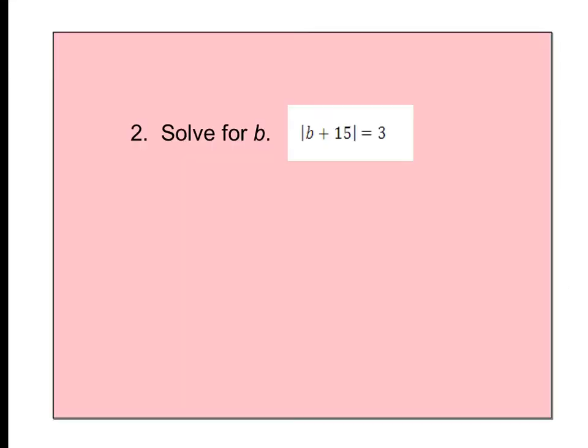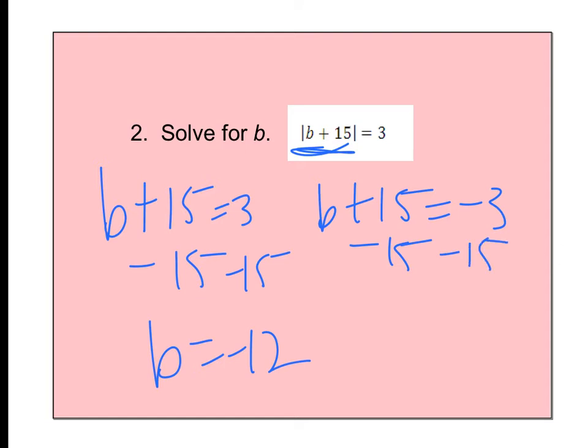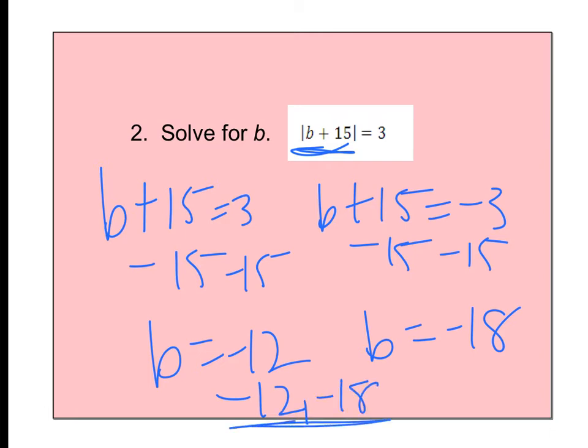So if I take a look here, absolute value by itself, so that's going to be b plus 15 equals 3, b plus 15 equals negative 3. So subtract 15, b equals negative 12, subtract 15, b equals negative 18. So my solutions are negative 12, negative 18. That's my solutions. Now I know what you're saying.